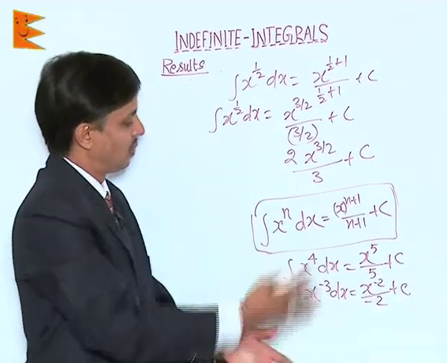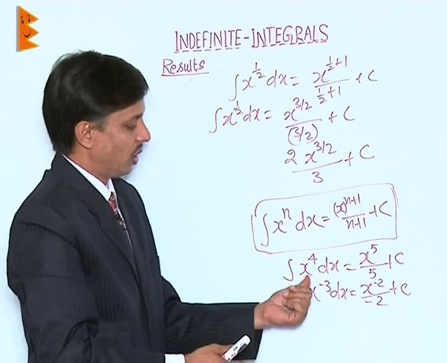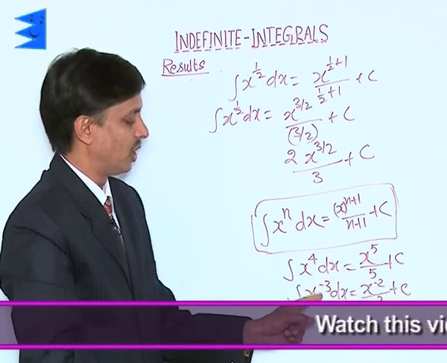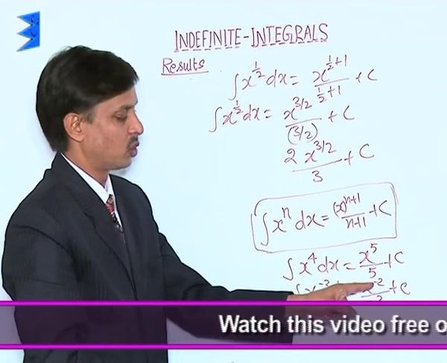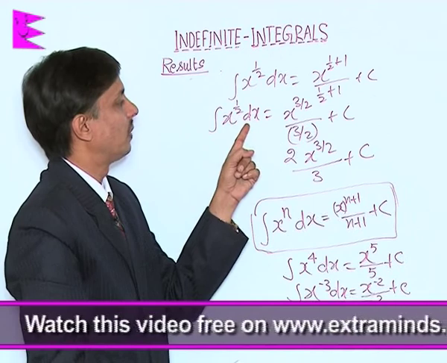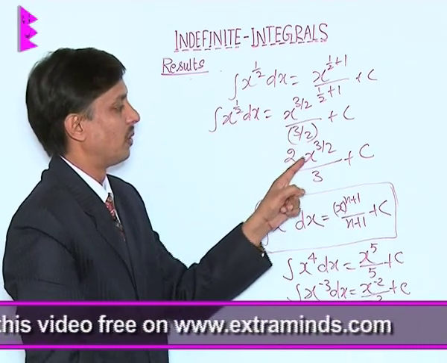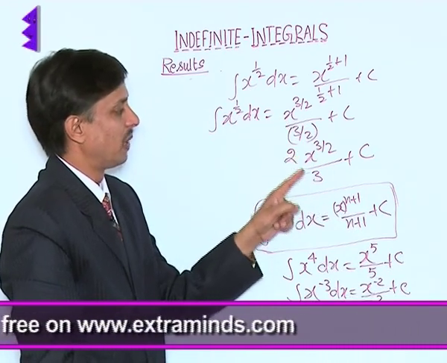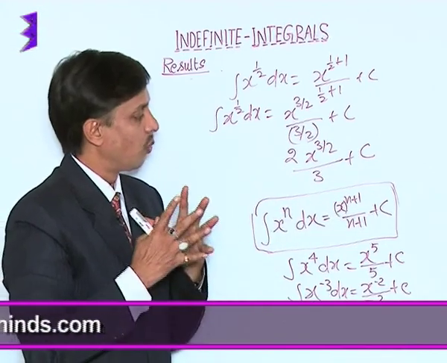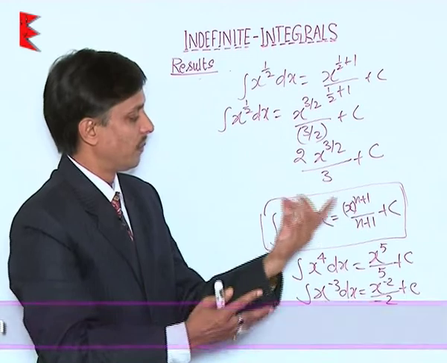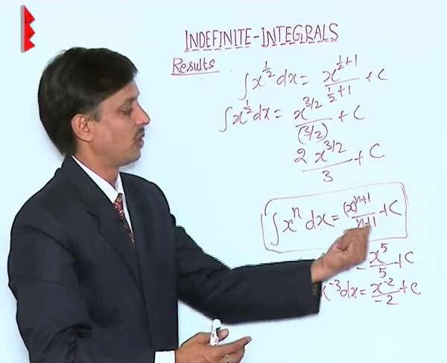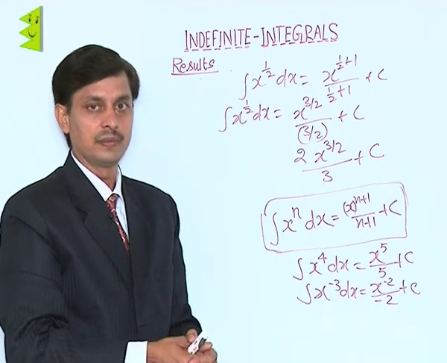So with the help of this, I told you the integration of x to the power 4 is x to the power 5 upon 5 plus c, x to the power minus 3 is x to the power minus 2 upon minus 2 plus c, and the integration of x to the power half is x to the power 3 by 2 multiplied by 2 upon 3 plus c. So this is the way we use the result: the integration of x to the power n dx is x to the power n plus 1 upon n plus 1 plus c.